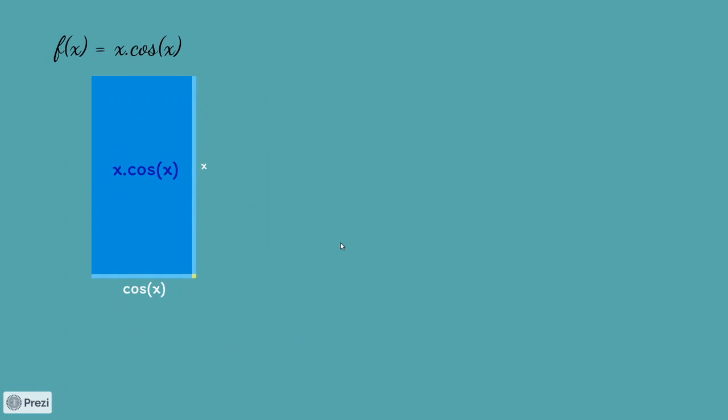So the area of this small rectangle is x into d cos of x, length into breadth.